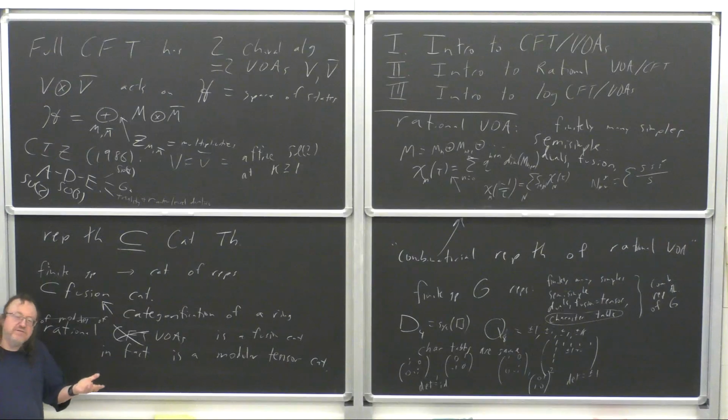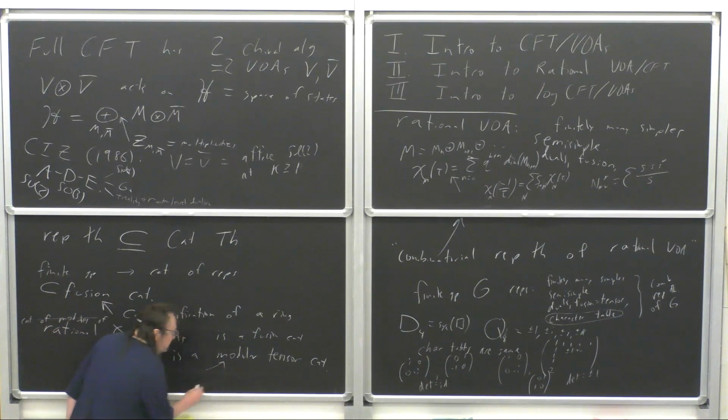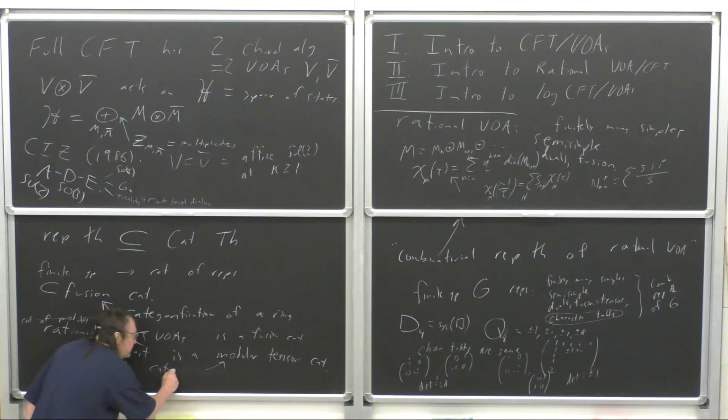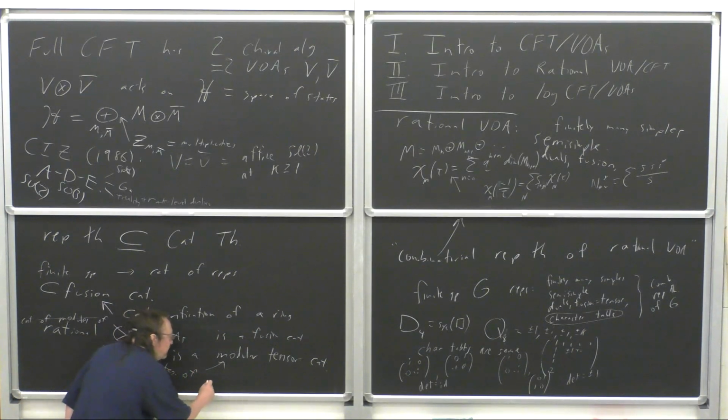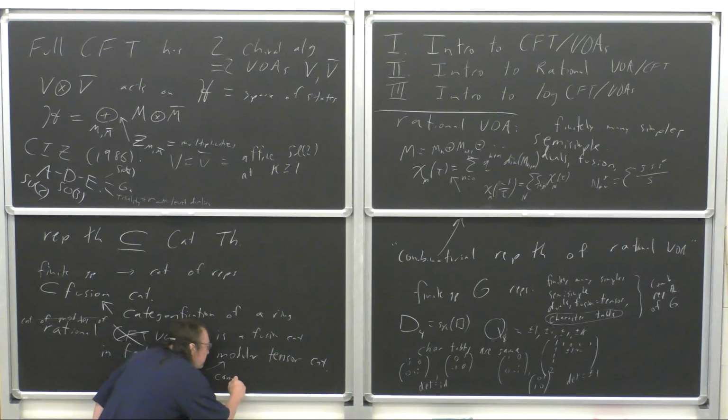There'll be infinitely many different VOAs for which it's the representation theory, so that's not a theorem by a long shot, but we're annihilating obstruction after obstruction, and it's just looking like the gods are pointing us in the direction that every modular tensor category comes from a rational VOA. Anyways, I don't want to get into the details of this, but you can think of this as the categorification of a commutative ring.